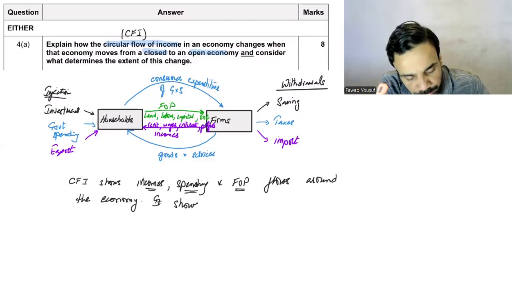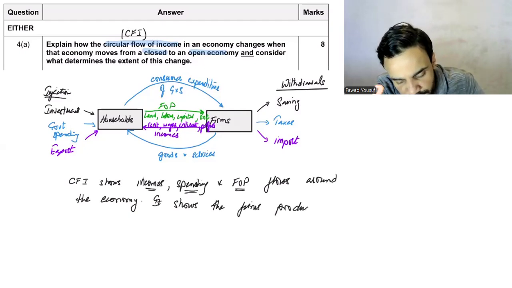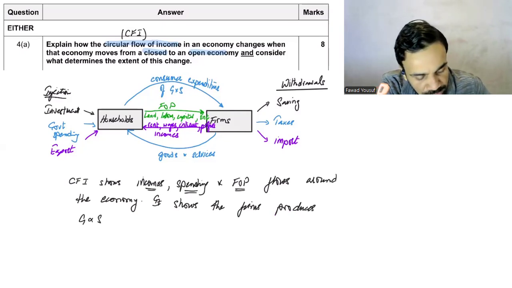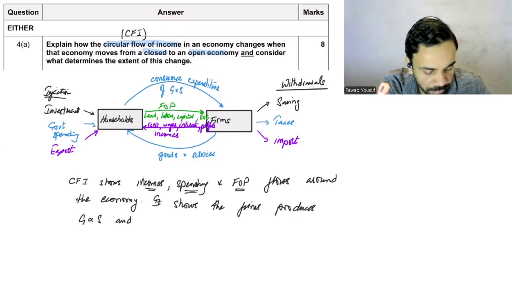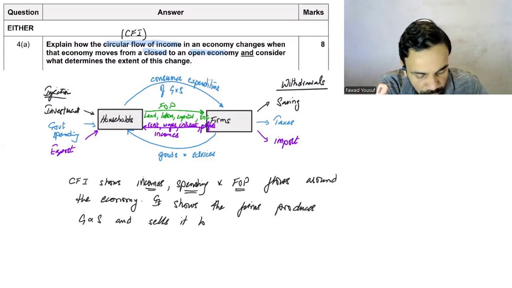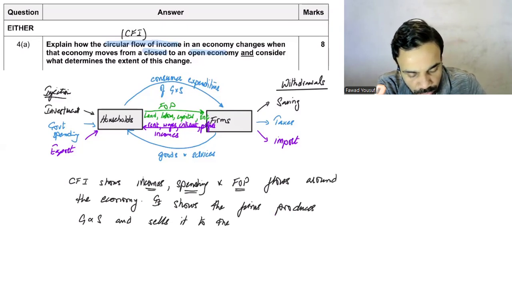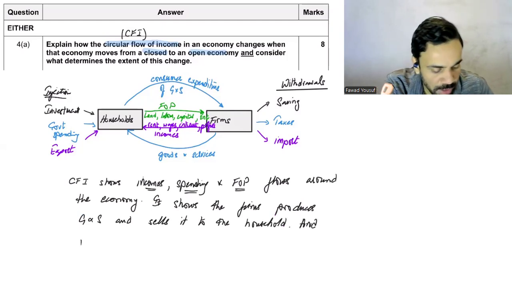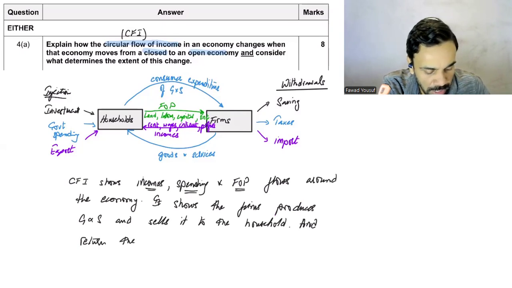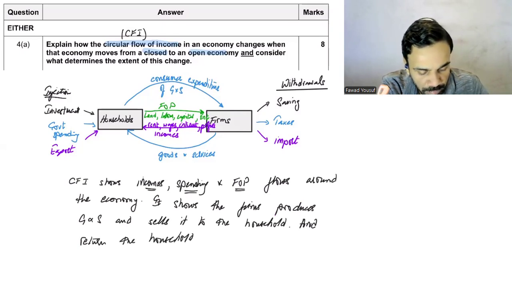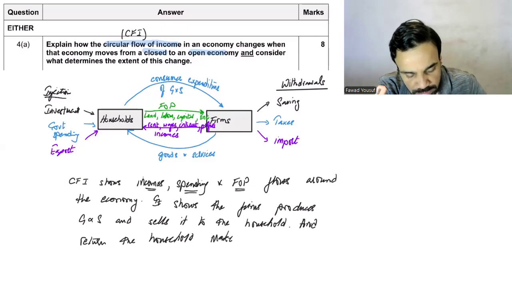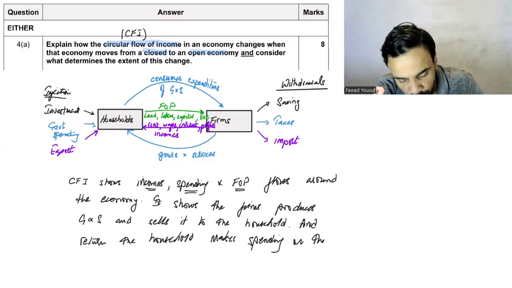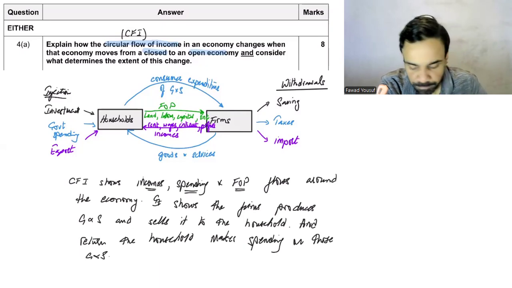It shows that firms produce goods and services and sell them to the households, and in return the household makes spending on those goods and services, right?